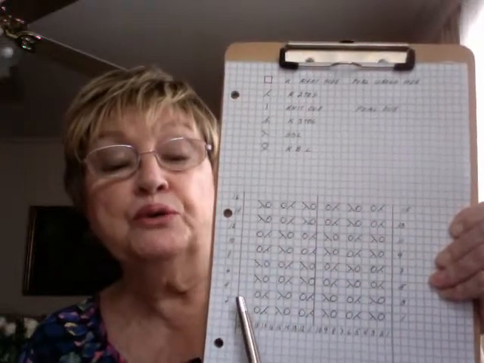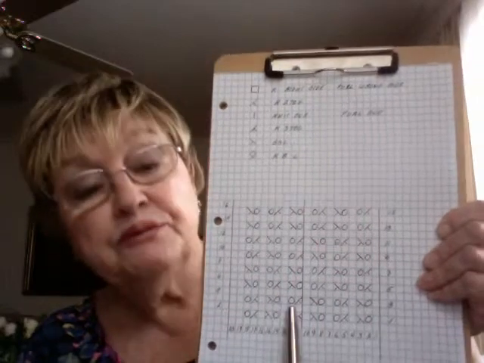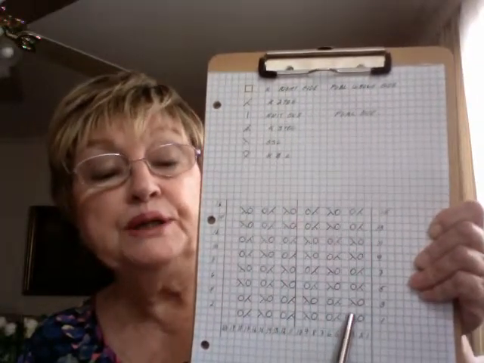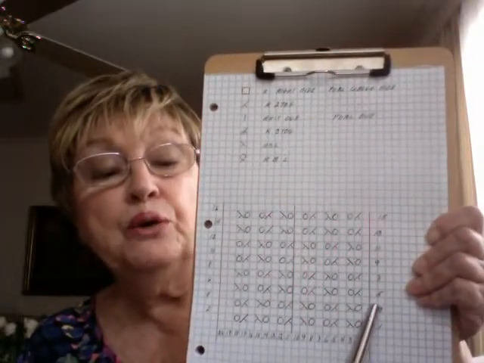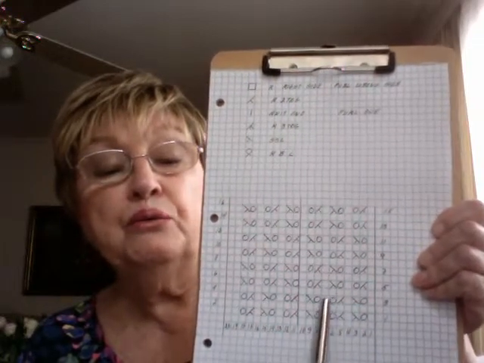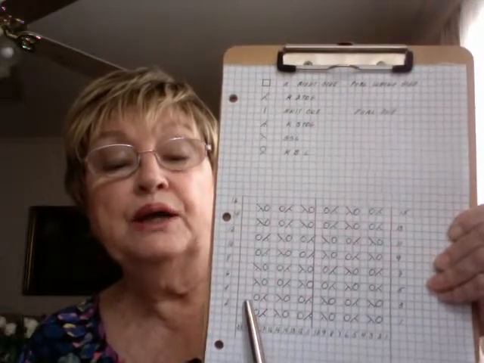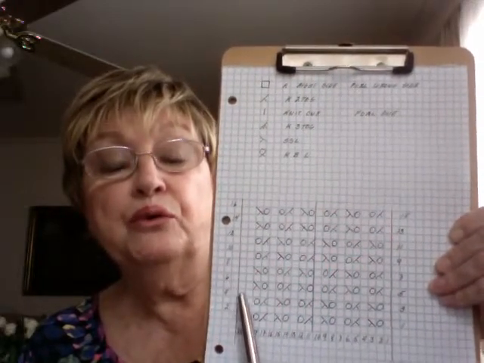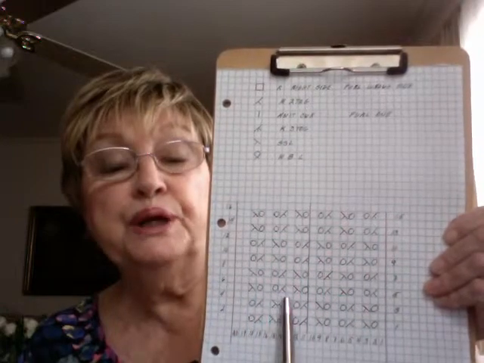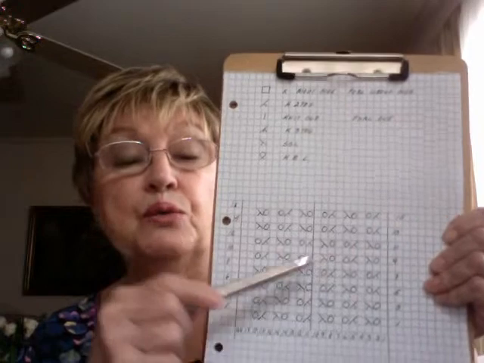Row number two, you knit from left to right. Then row number three, you read from right to left. Row number four, you read from left to right, and so on.